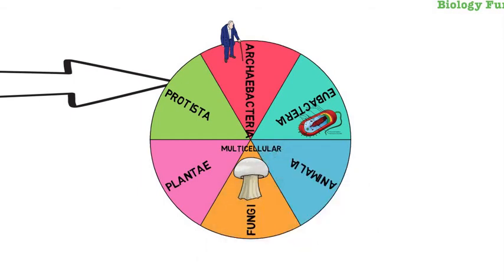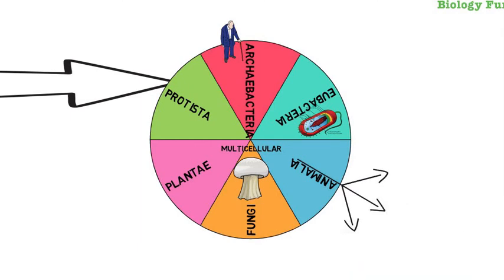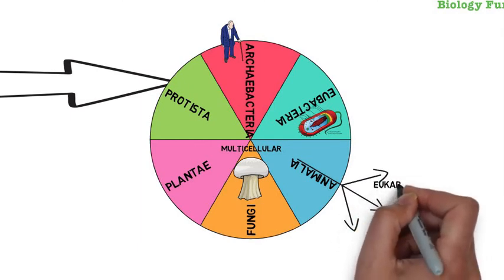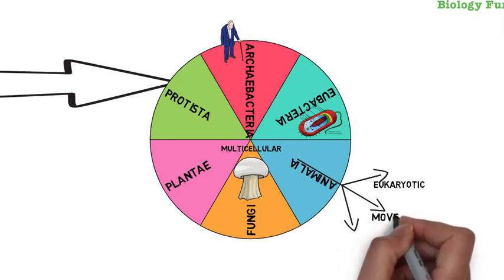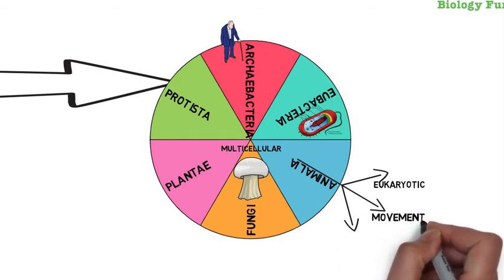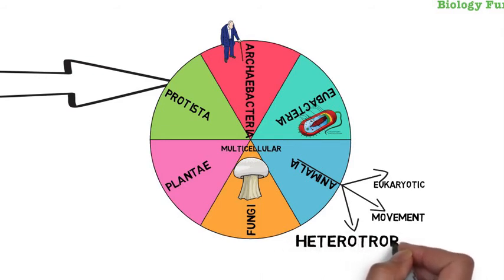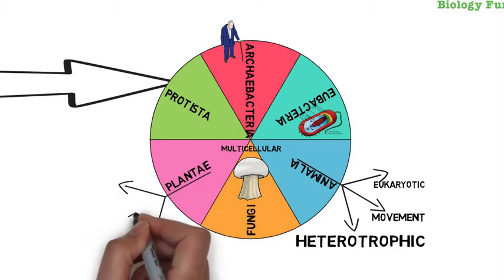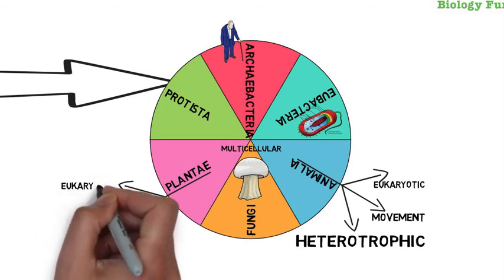Now we can see the ones at the bottom are multicellular, and the kingdoms at the top are, for the most part, unicellular. Let's look at the characteristics of Animalia, animals such as you. Remember, you are eukaryotic, so you have that true nucleus. You can move, hence the dabbing, and you are also a heterotroph. That means you get your energy from something else, either burgers or fries or whatever.